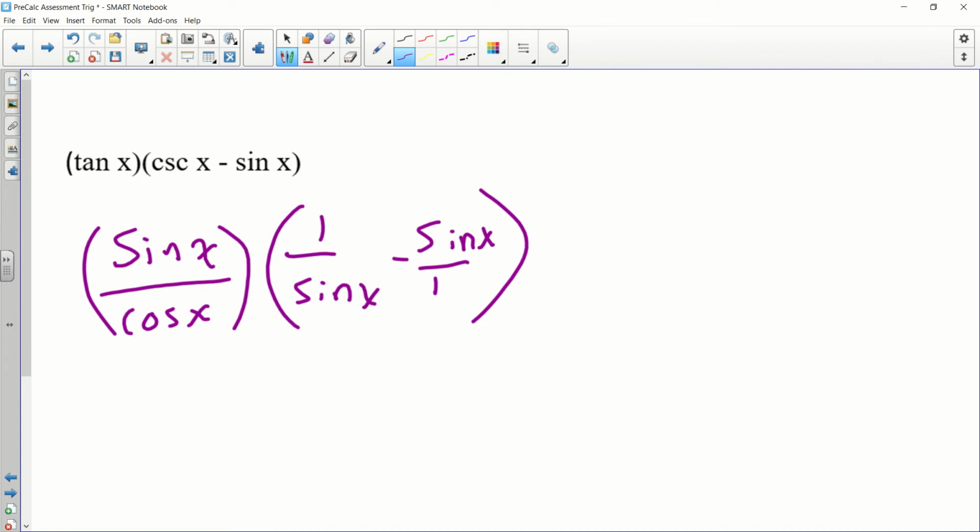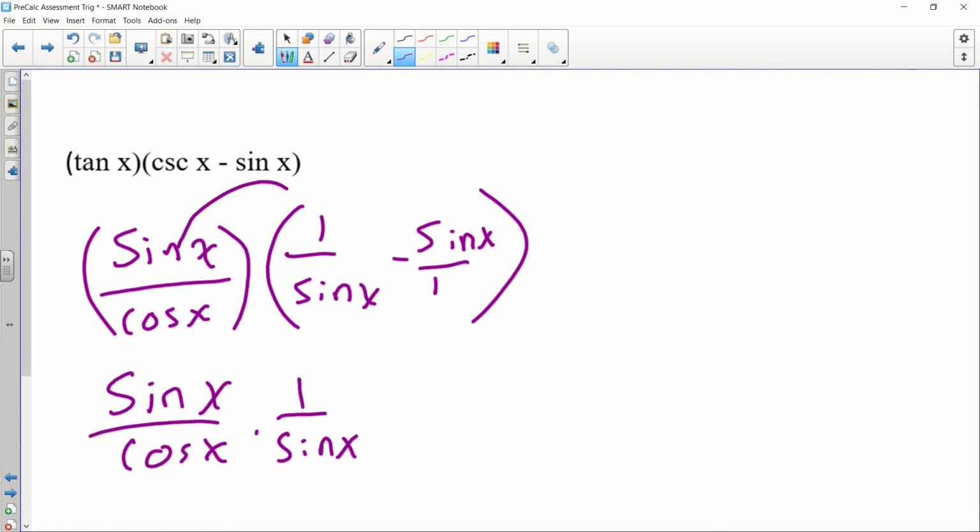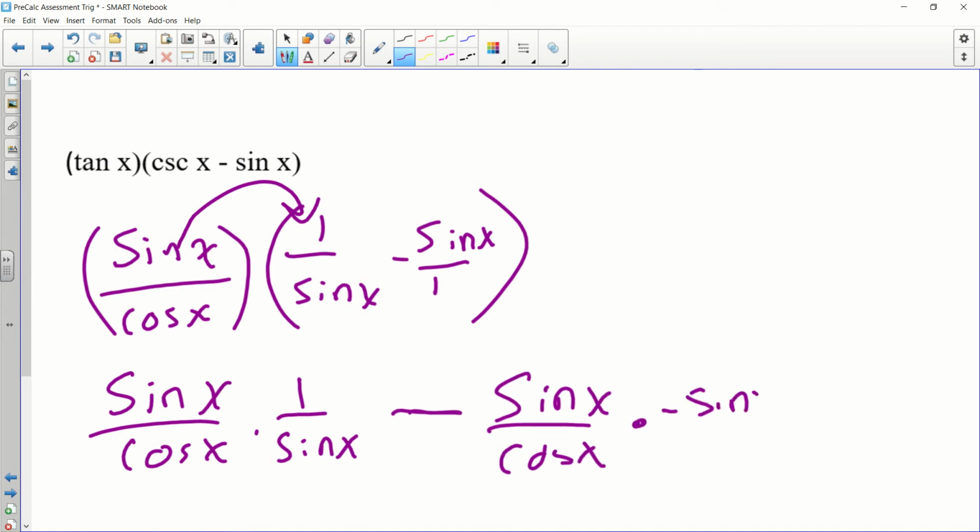So I will have sine of x cosine of x times 1 over the sine of x. From that, minus sine of x cosine of x times negative sine of x over 1 from that distribution.